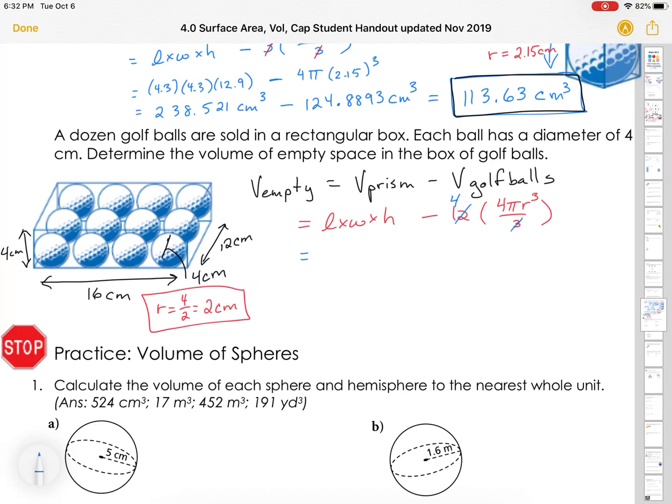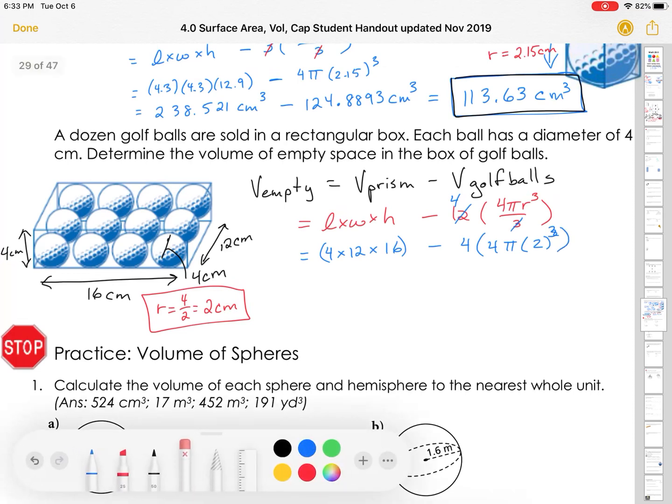So length times width times height. Length is 4, width 12, height 16. Doesn't matter what order we do them. Here we'll have 4 times 4 pi. Our radius is 2, so 2 cubed.